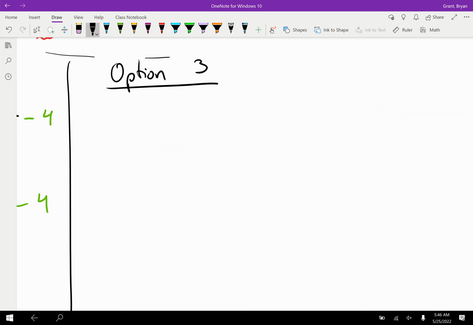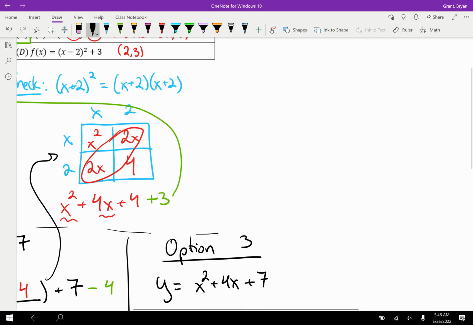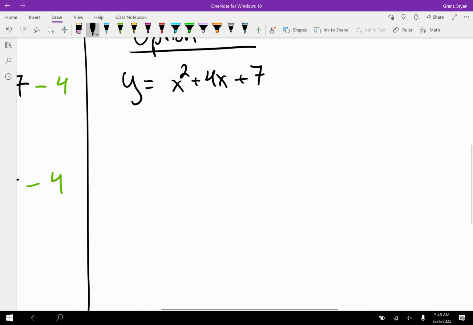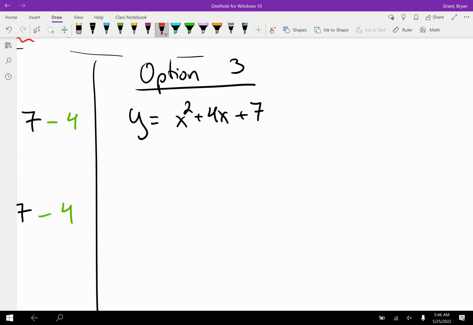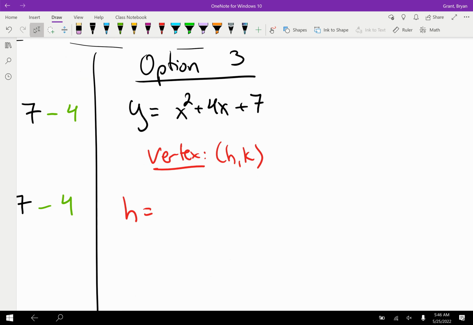So we're going to go ahead and find the vertex. I'll rewrite the equation right here: x squared plus 4x plus 7. Let's double check, make sure that's right. Good. And then to find the vertex, we need to remember that the vertex is usually given as h comma k. And the h value comes from the quadratic formula, so negative b over 2a. Remember that? You can check back to my 10.5 video if you need more instruction here.